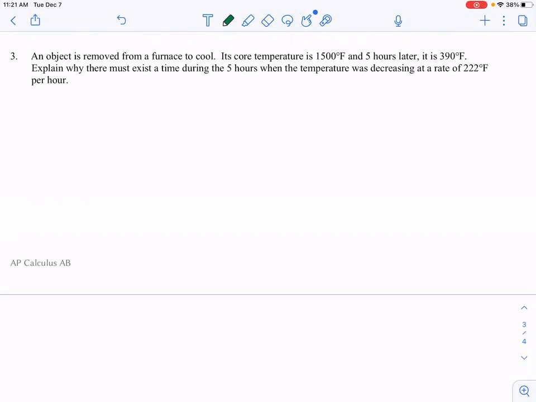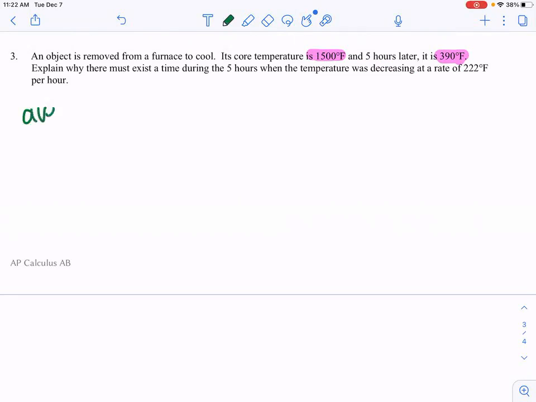Okay. So did anybody do any math during this discussion? There was no math to be done. Okay. So we know, I know, but you didn't do any math in your discussion? So we're at 1500 degrees Fahrenheit. And 5 hours later, it's 390 degrees Fahrenheit.